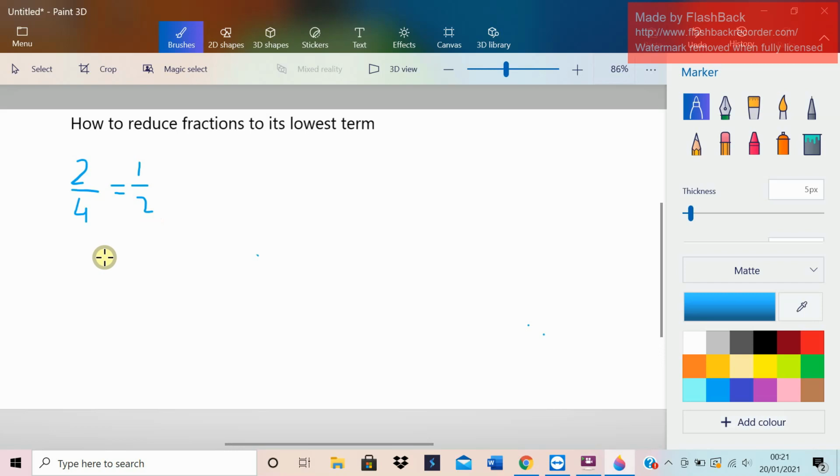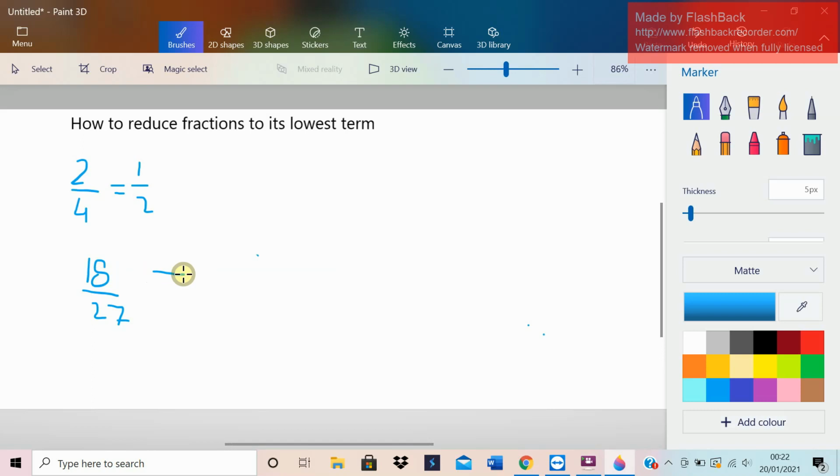We'll reduce a fraction to its lowest term. Take an example, 18/27, to its lowest term. What we have to do is find the factors of 18 and 27.